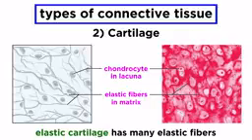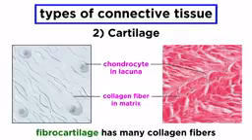This is the stuff in your ear. And then fibrocartilage is sort of in between dense connective tissue and hyaline cartilage, with rows of chondrocytes alternating with rows of collagen fibers, making it compressible but still great at withstanding tension. This is found in discs that separate the vertebrae of the spine.